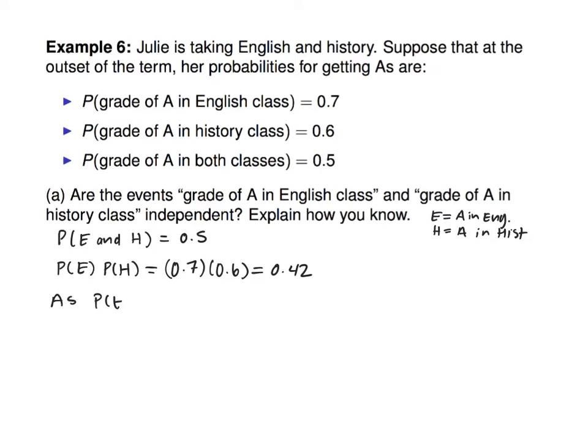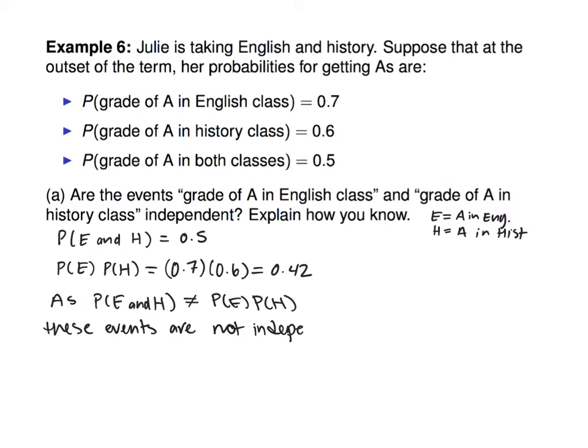And as P of E and H is not equal to P of E times P of H, these events are not independent, i.e. they are dependent.